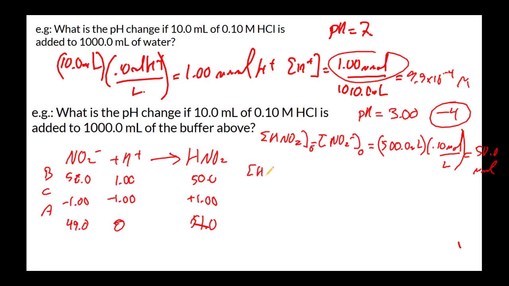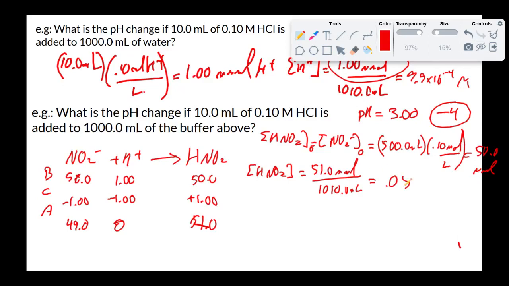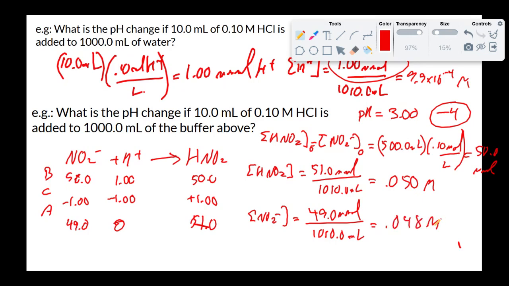So that means our HNO2 concentration is going to be 51 millimoles in 1,010 milliliters. And this comes out to 0.050 molar. Concentration of NO2 minus, that's going to be 49 millimoles over our 1,010 milliliters. And that comes out to 0.048 molar.